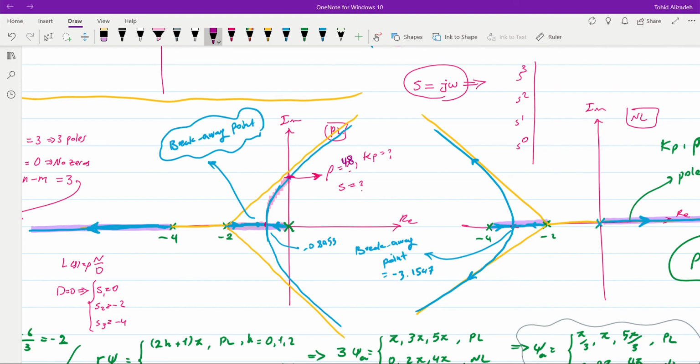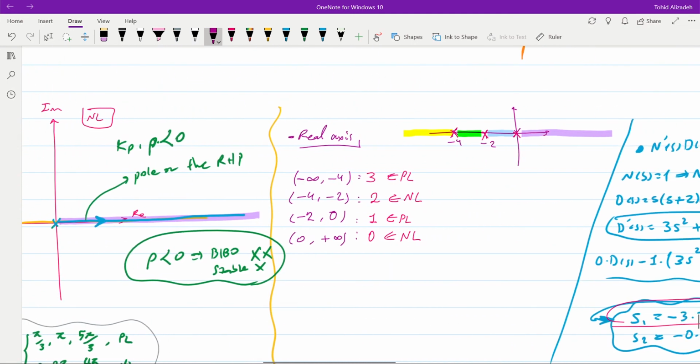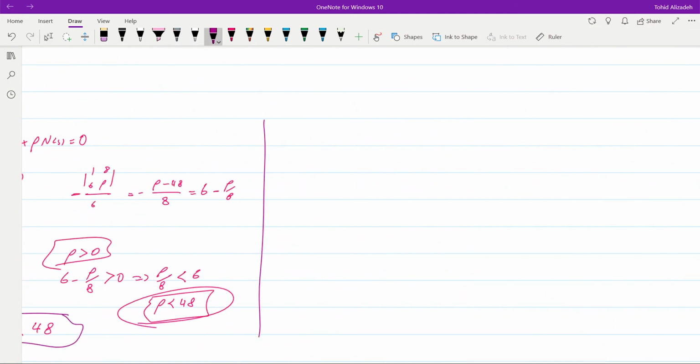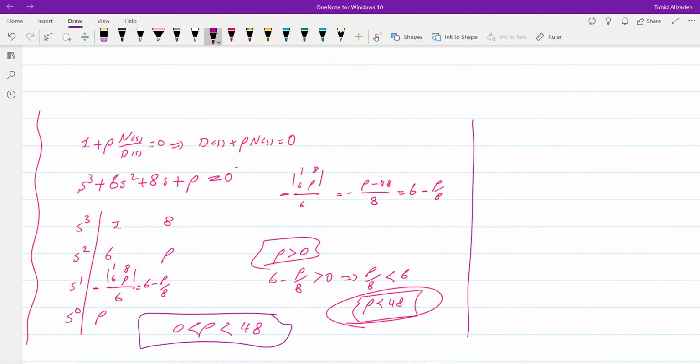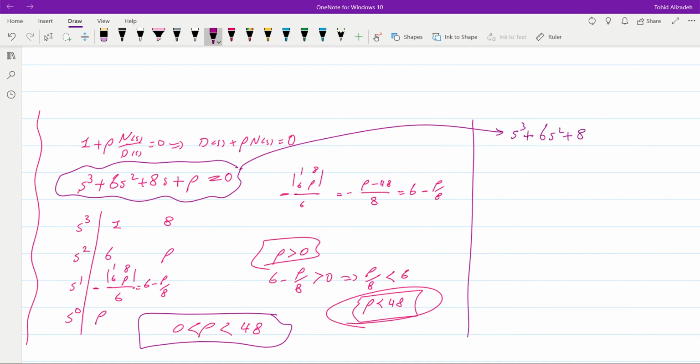It's equal to 48. Now we are interested in finding out the value of s. We can plug the value of rho over here. Out of this we will get s to the power of 3 plus 6s squared plus 8s plus 48 equal to 0. And for s we have s equal to j omega.